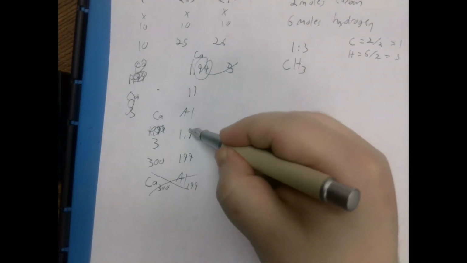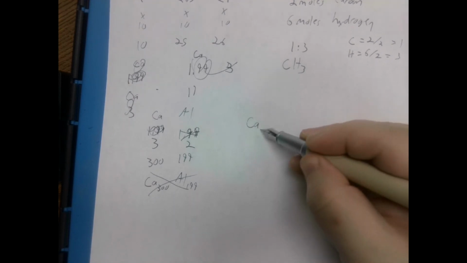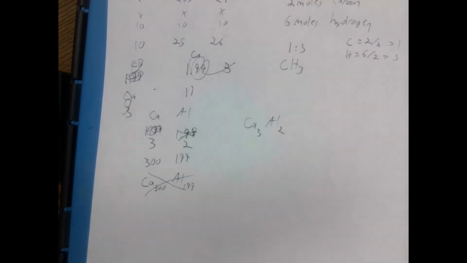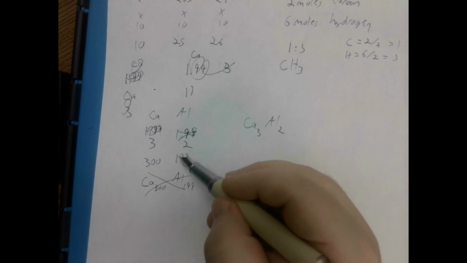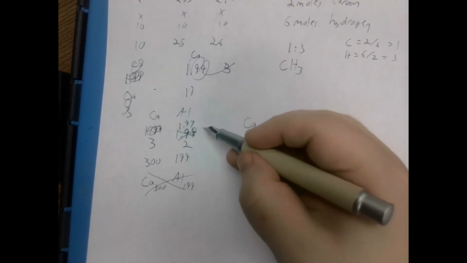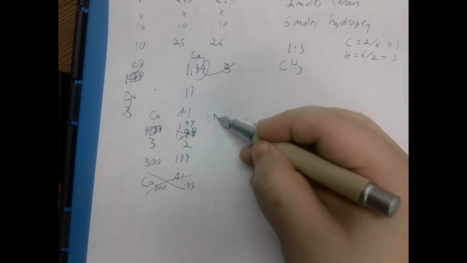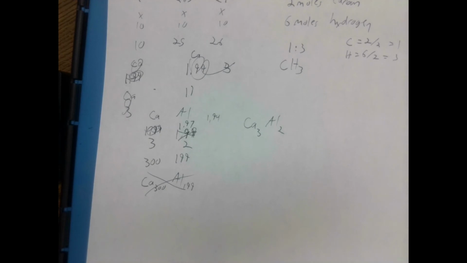If you get something very close to a whole number, go ahead and round this to 2, so that it's Ca3Al2. This is the point I'm trying to make: you're going to very often get a lot of 9s. I've seen 1.97, 1.94. Again, where these errors come from is how precise your periodic table is and how many digits you use.